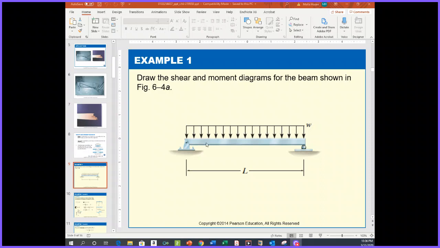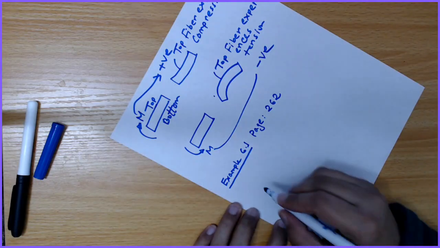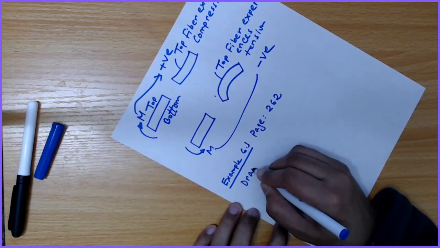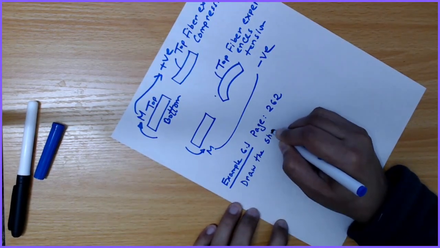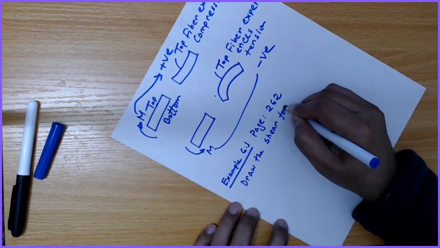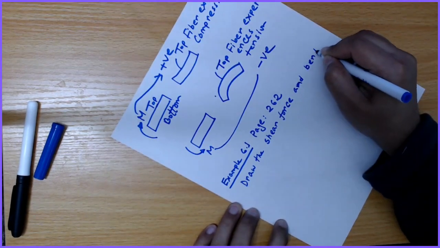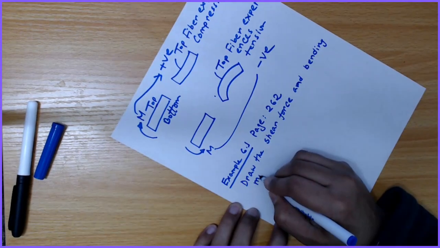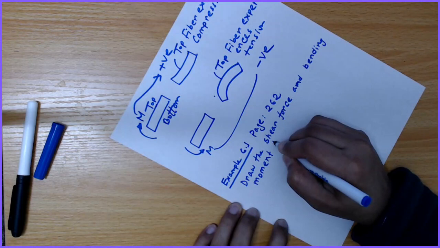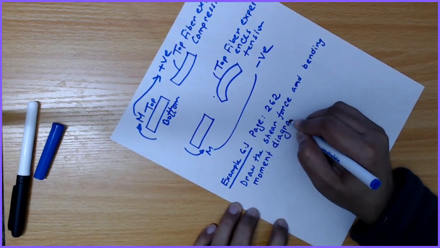In this problem, a simply supported beam has a distributed load W. We need to draw the shear force and bending moment diagram.